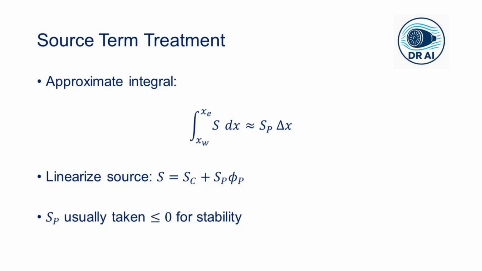For generality, we linearize the source term as S equals Sc plus Sp times phi P. So this helps when solving the system iteratively.